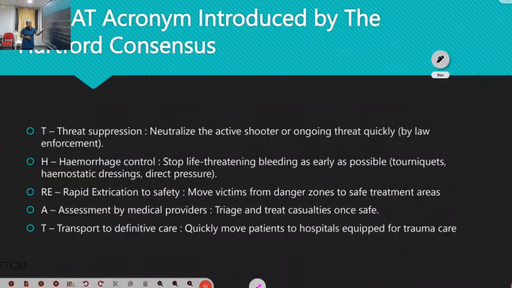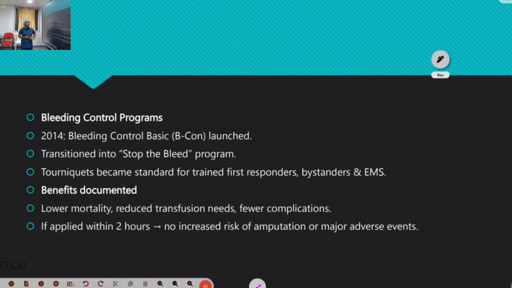For hemorrhage control, we have to stop the life-threatening bleeding as early as possible. R stands for rapid extrication to safety, A for assessment by medical providers, and T for transport to definitive care. So this was the THREAT acronym introduced after the Hartford conference, which followed the Sandy Hook tragedy.